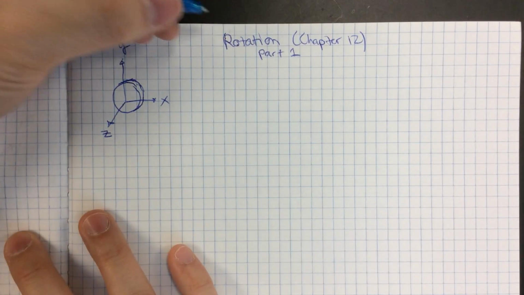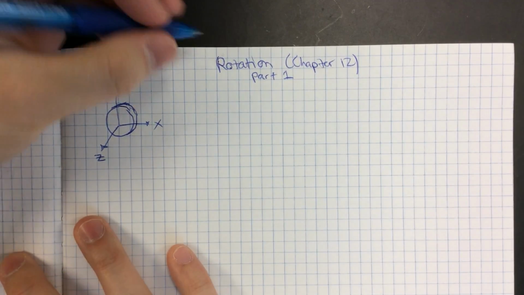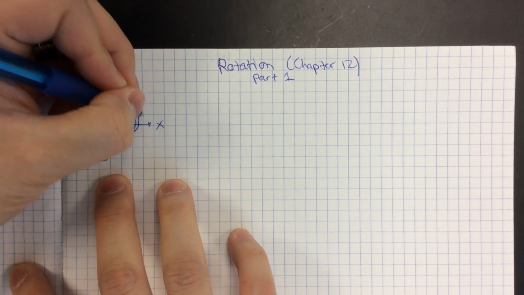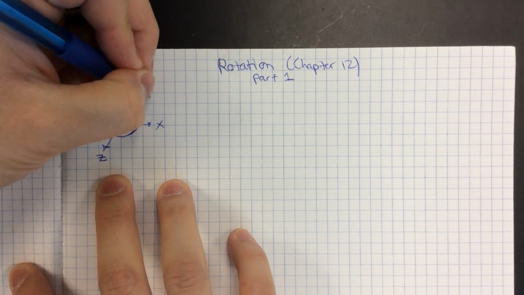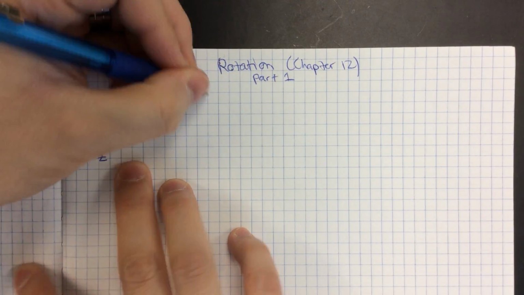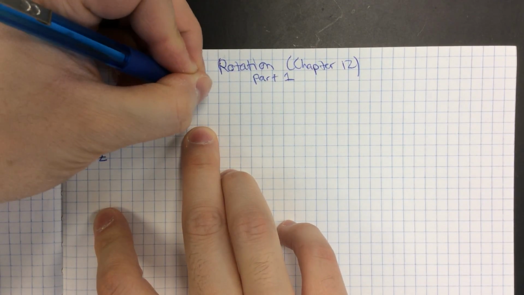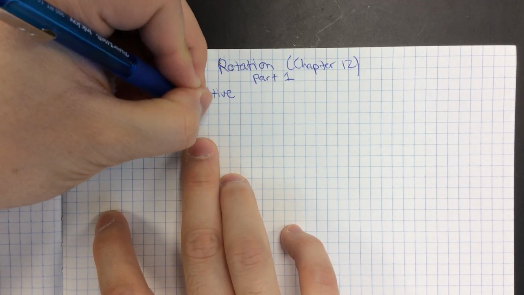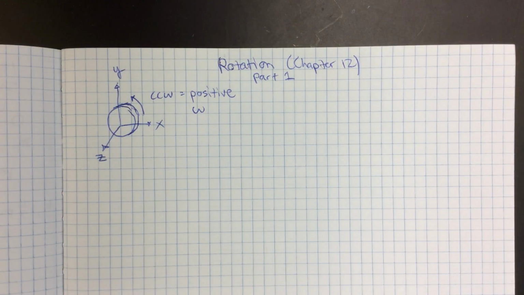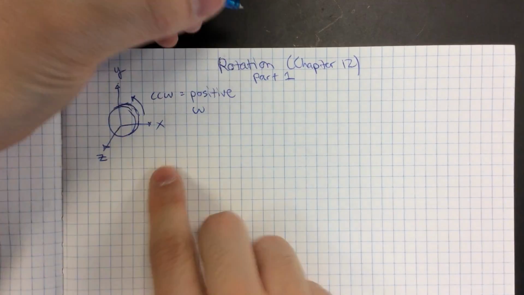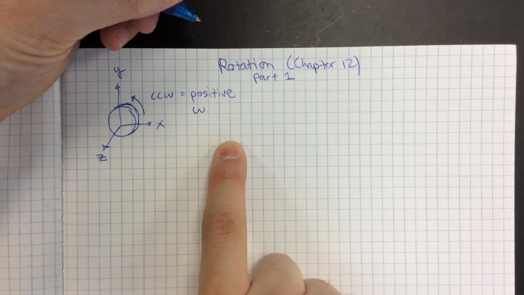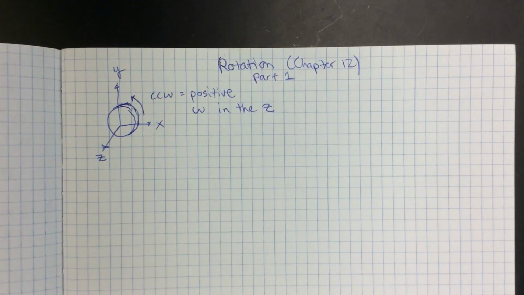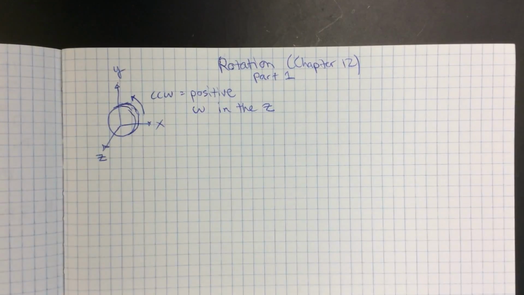Okay, so by our convention, if it rotates this way, counterclockwise, is positive omega in the Z. Okay.